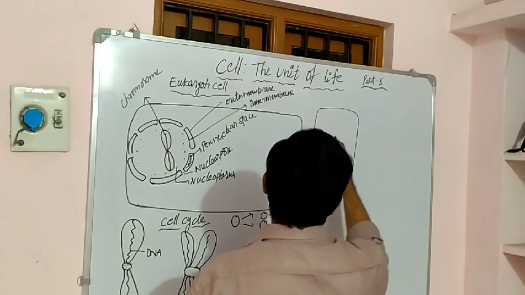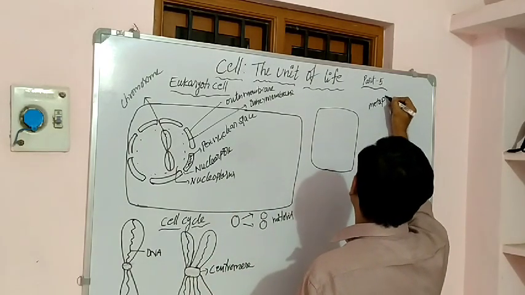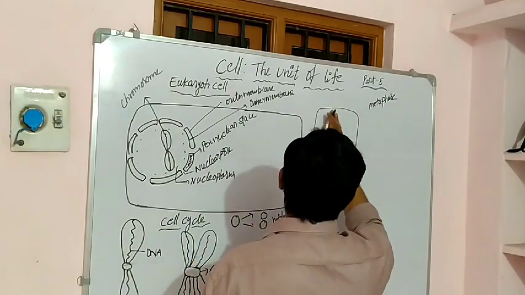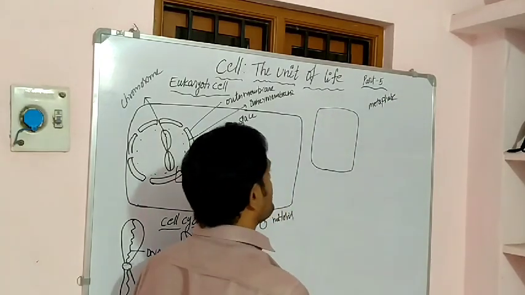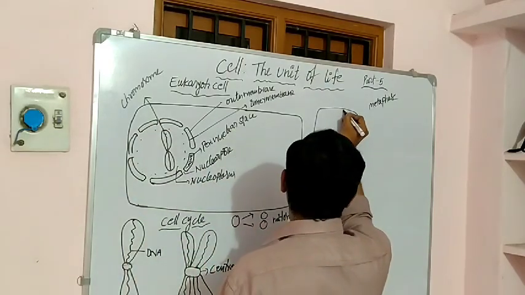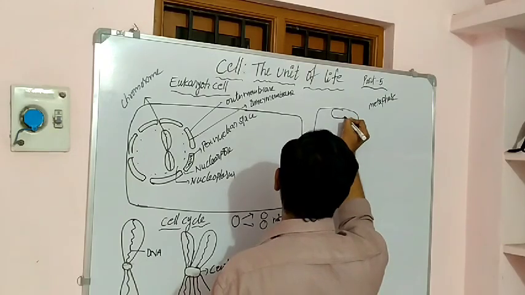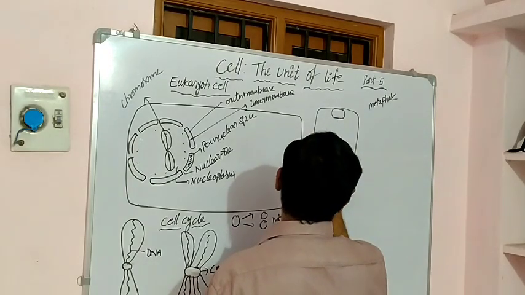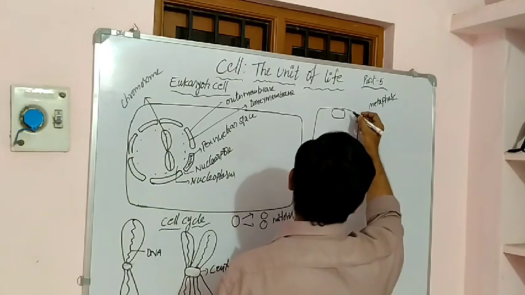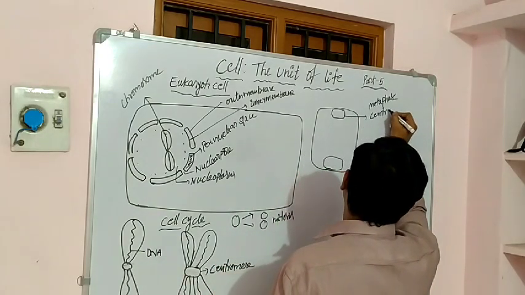In the cell during the metaphase, some important cell organelles are present here. They are at the edges of the cell, on both sides, both edges of the cell. This cell organelle is called the centrosome.